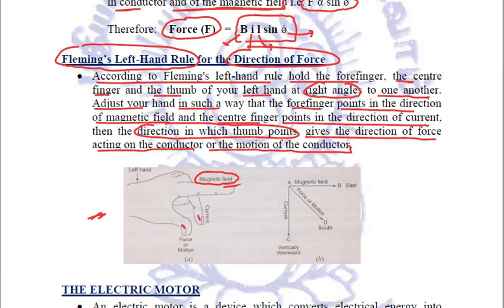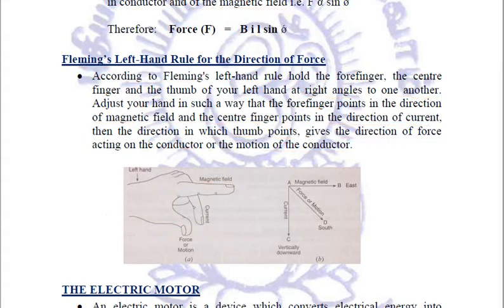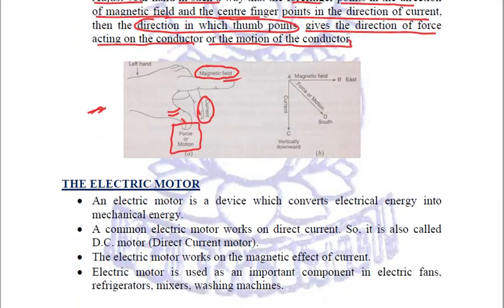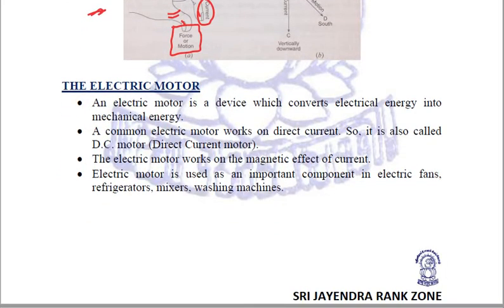If the middle finger is pointing towards the direction of current, then the thumb will give us the direction of motion. This is Fleming's left hand rule. Clear? And on this principle, as I told you earlier, the electric motor works.